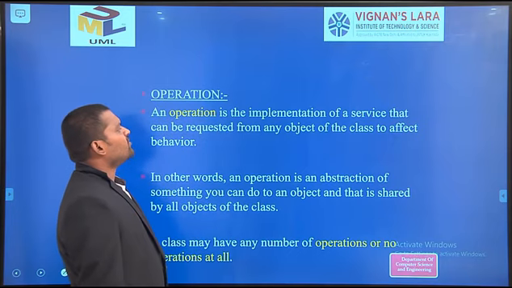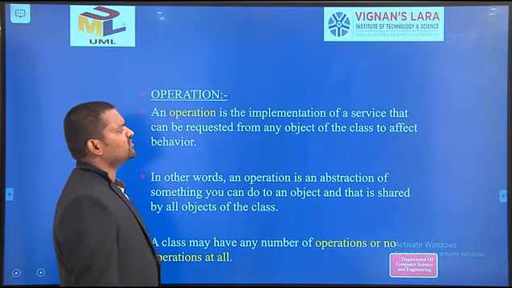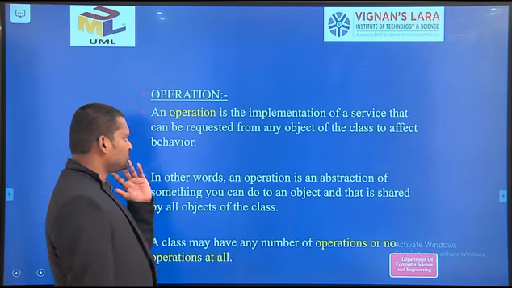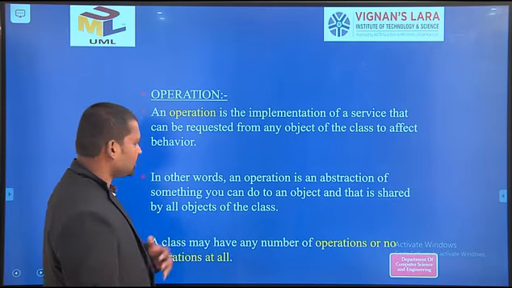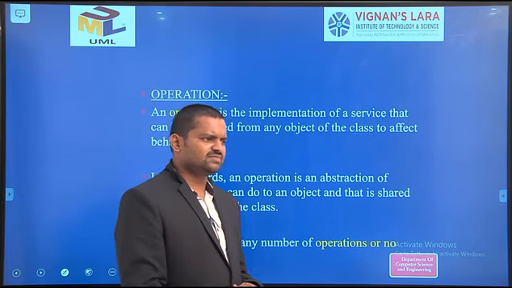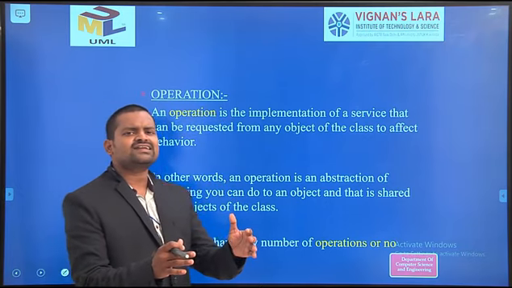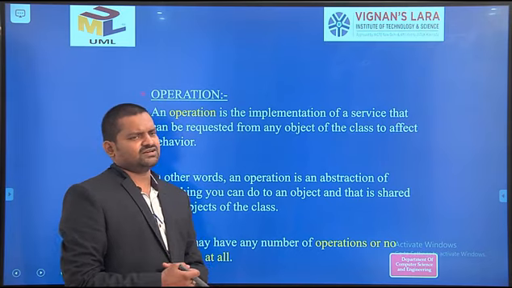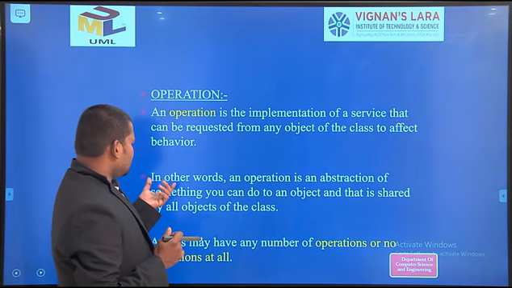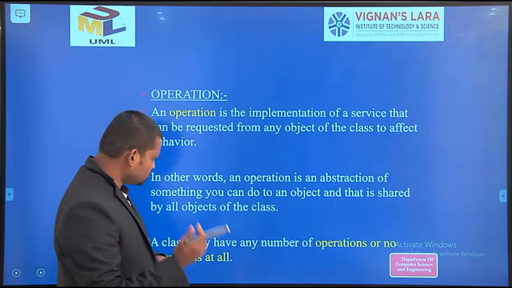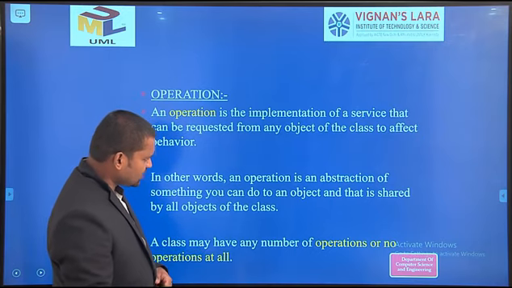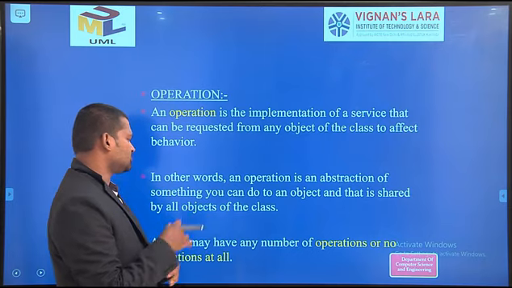See, an operation is the implementation of a service that can be requested from any object of the class to affect behavior. An operation is nothing but the work which we have to do for that particular class. In other words, an operation is an abstraction of something you can do to an object and that is shared by all objects of the class.